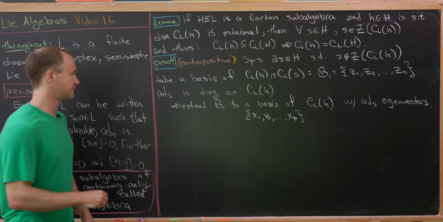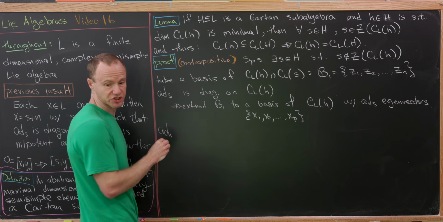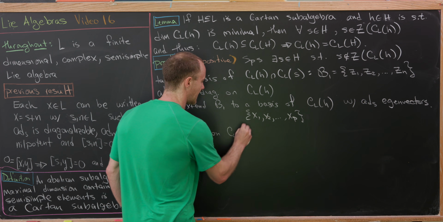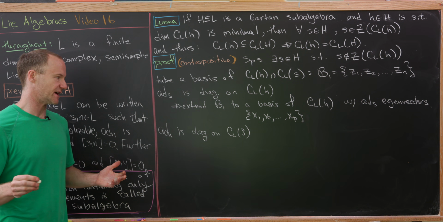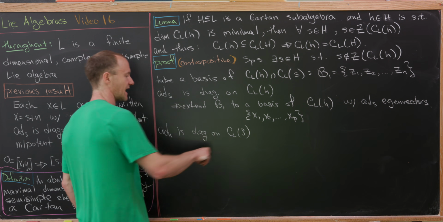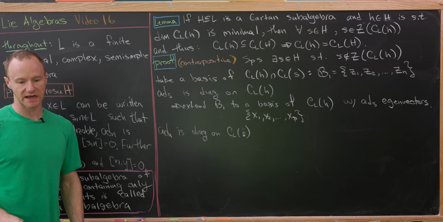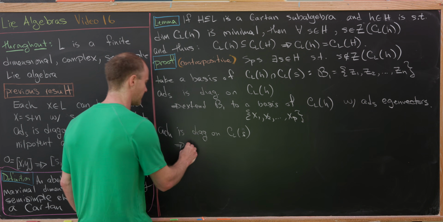Okay, great. And now let's look at ad h, which is diagonalizable on C_L(S). Well, ad h is diagonalizable on the whole space, but it's definitely going to be diagonalizable on this subspace of the whole Lie algebra. And so now we're going to do the same kind of thing that we did up here.